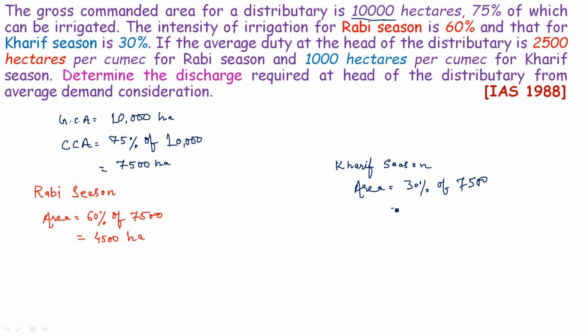So 30% of 7,500 will be 2,250 hectares. So the area which needs water for irrigation in Kharif season will be 2,250 hectares.